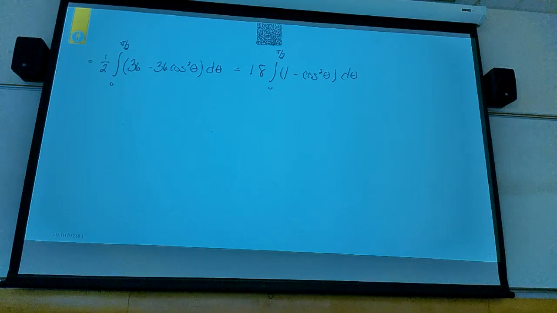And sine squared plus cosine squared equals 1. Subtract cosine squared. So that's a good start. How would you evaluate sine squared?